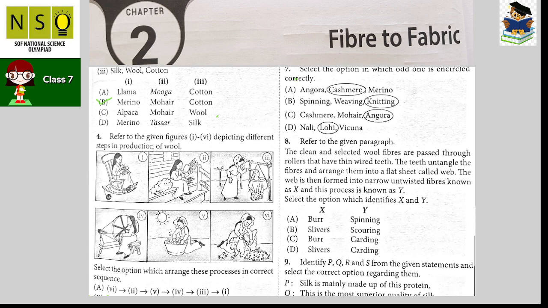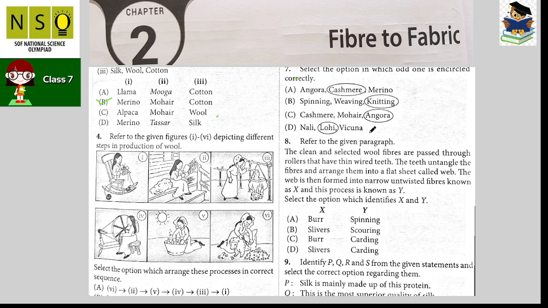The 7th question says, select the option in which the odd one is encircled correctly. The options are A, Angora, Kashmiri, Merino. B is spinning, weaving and knitting. C is Kashmiri, Mohair, Angora, and D is Nali, Lohi and Vicuna.